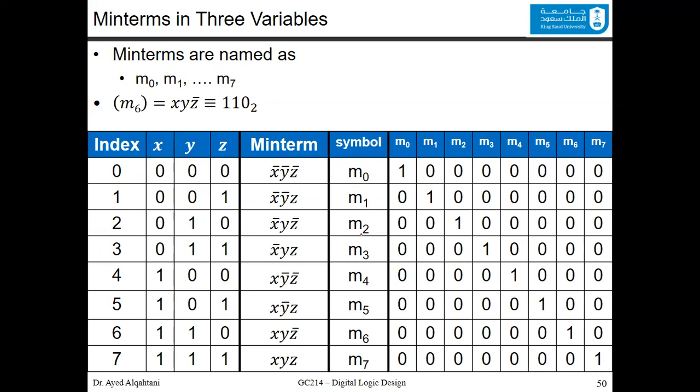This is m1, m2, up to m7. You can also represent them in a matrix form. You'll notice that here we start from m0 to m7, and in the columns, we have from m0 to m7. Only in the diagonal, we have 1, which means that we have the correct min term, which is this one.